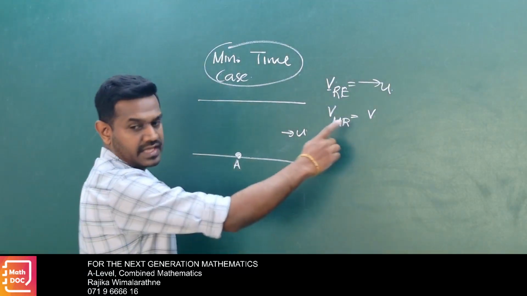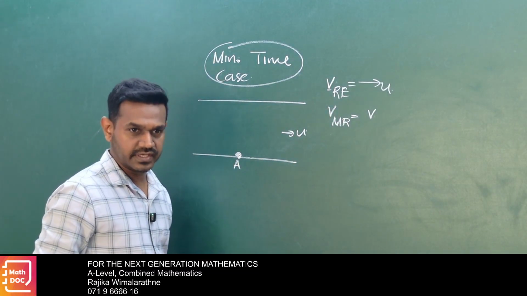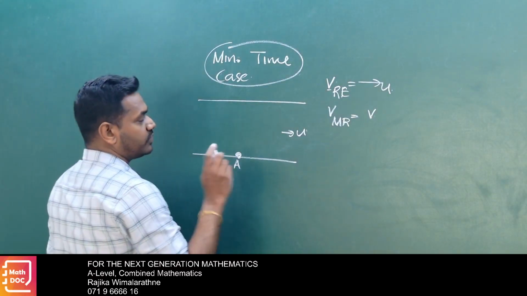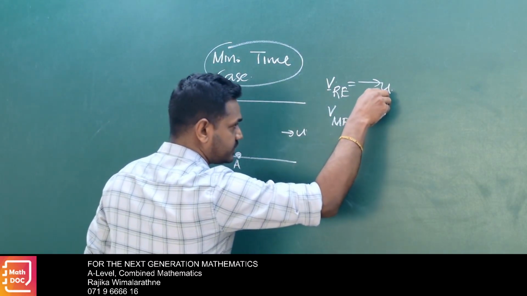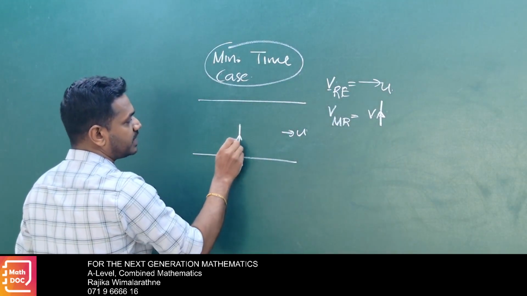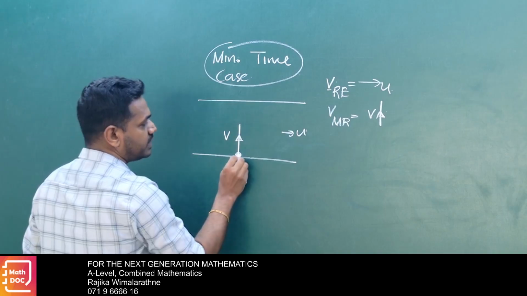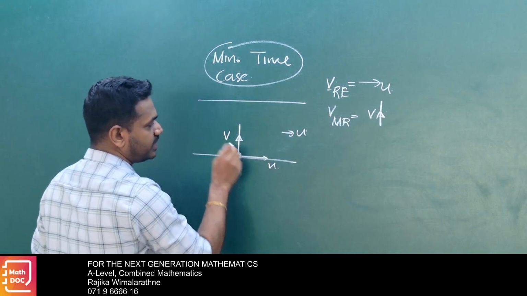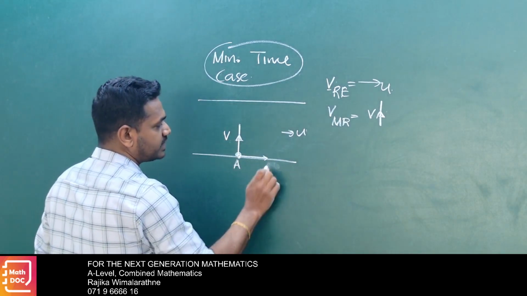Here v can be greater than 0 or less than 0, whatever it is. Now he is going to swim perpendicular to the bank, with velocity v, and the river velocity is u. Then definitely he will move with the resultant, no?